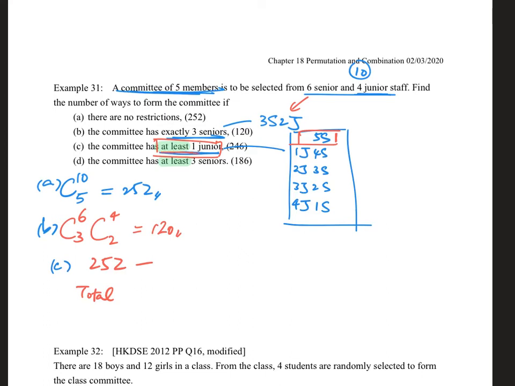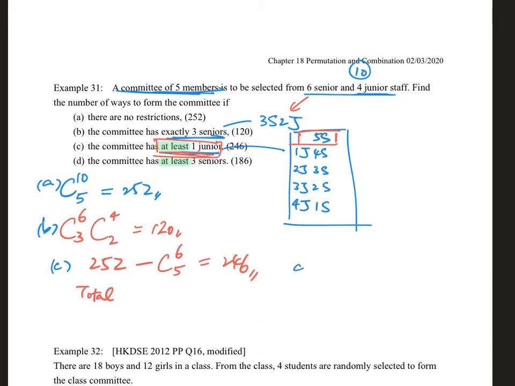Because we want at least 1 junior, we minus choosing 5 from 6 senior. By calculator, you get 246. This is the way to do at least. Of course, you can still consider the 4 cases respectively, but your calculation steps will be quite long.